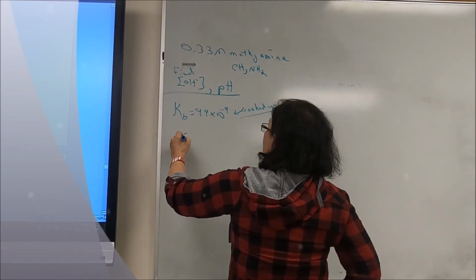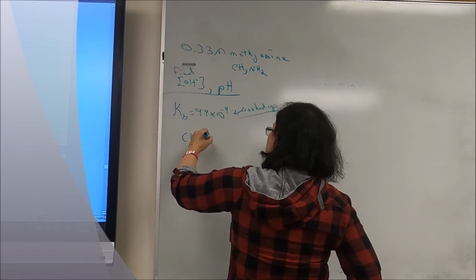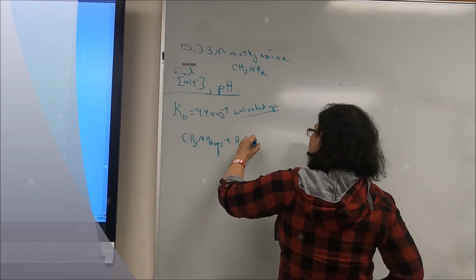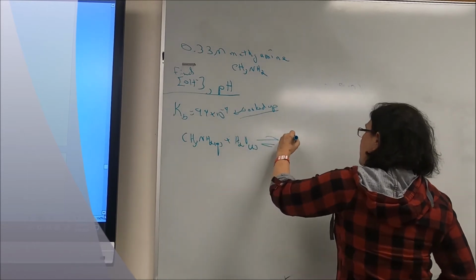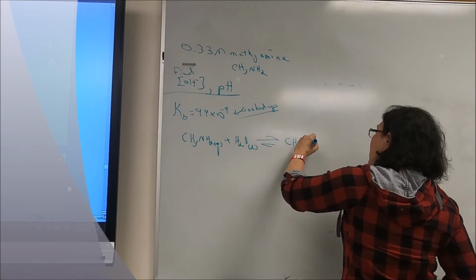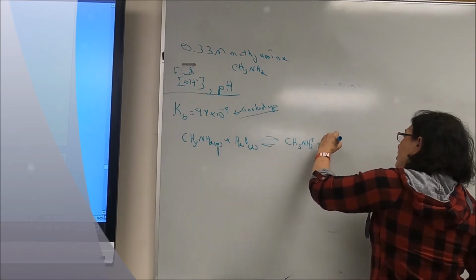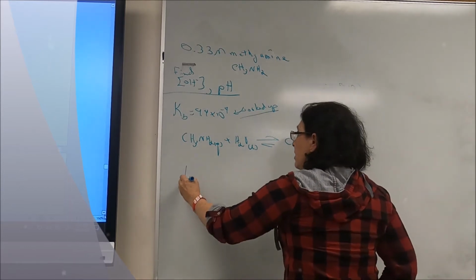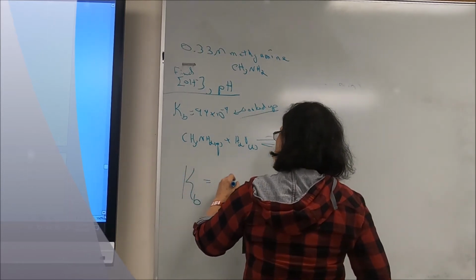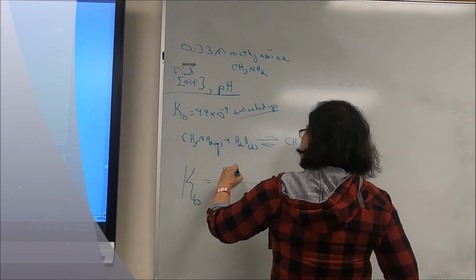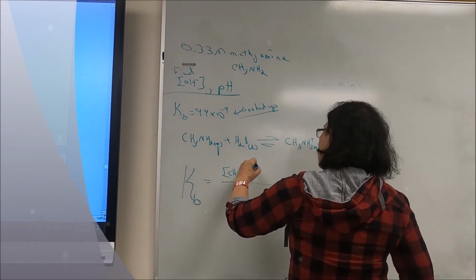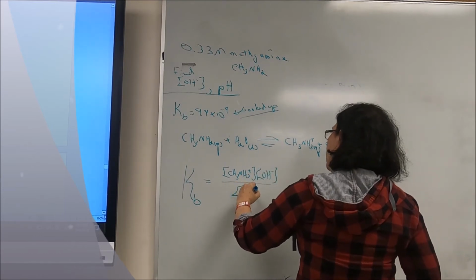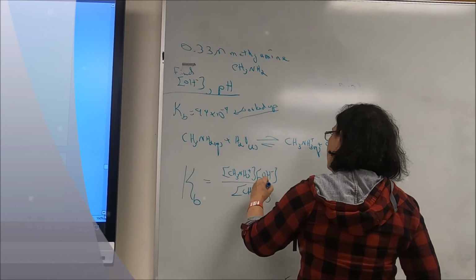So we want to go through the same thing again. CH3NH2 aqueous plus water liquid going to CH3NH3 plus and OH minus. Both of those are aqueous. The Kb expression is going to be CH3NH3 plus times OH minus over CH3NH2 concentration.